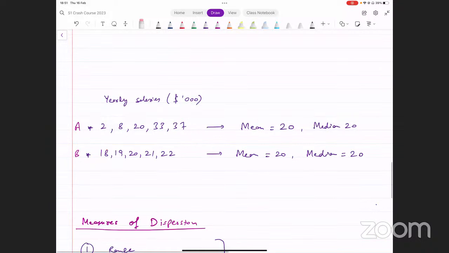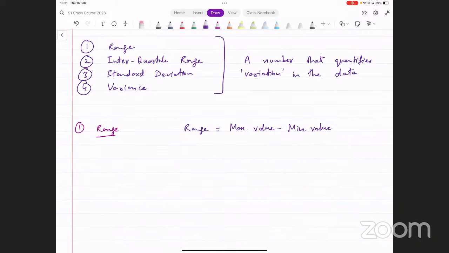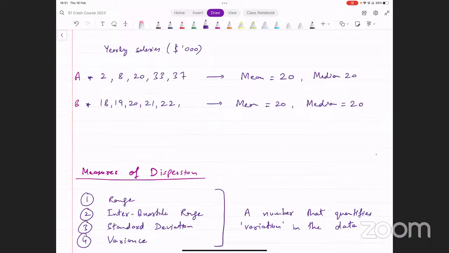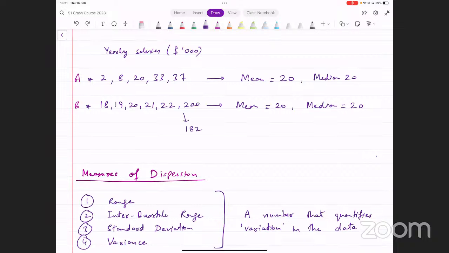Now, this is not used a lot in practice. The reason for that is it is affected a lot by extreme values. So for example, in the second data, I've had one more value that was 200. Now the range would change to 188, or in fact 82 in this case, just because of this one value.